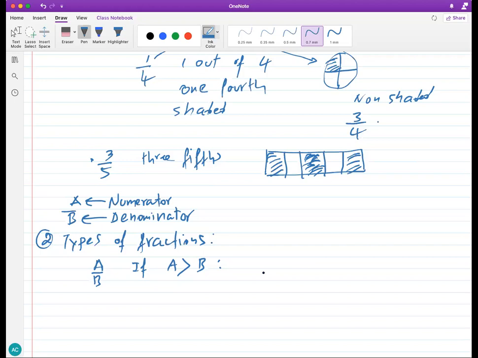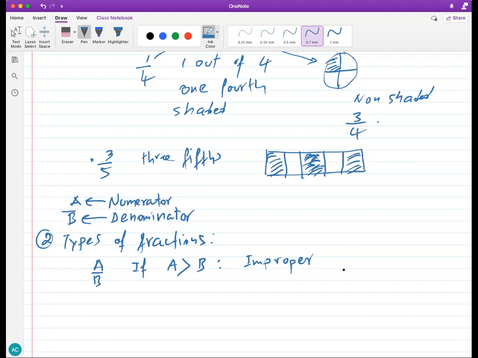Improper. That's right, improper. So when the number here is higher, A larger or greater than B, this is called improper.